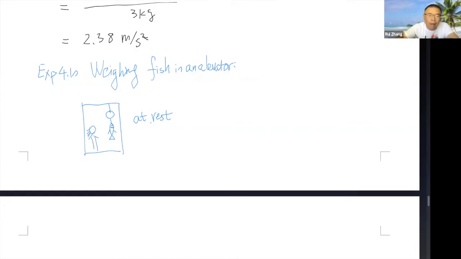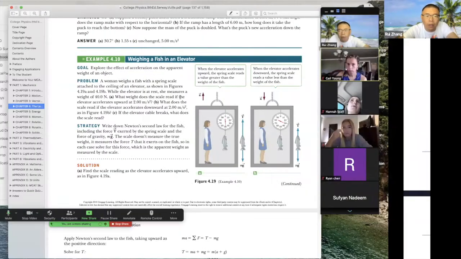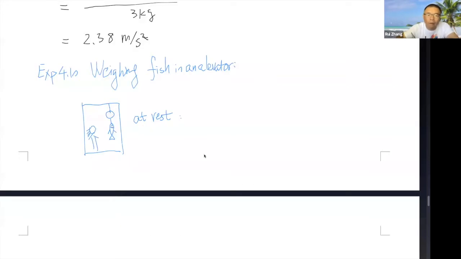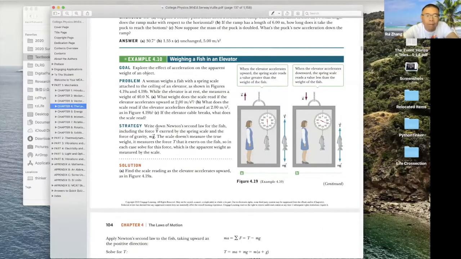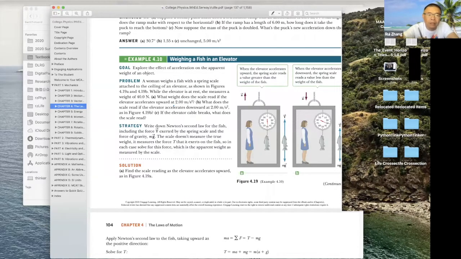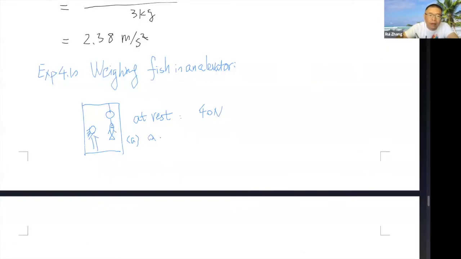At rest, the number read from the scale is 40 Newton. Now the question is, A, when there's acceleration going upward, A equals 2 meters per second squared going upward, what's going to be the reading?